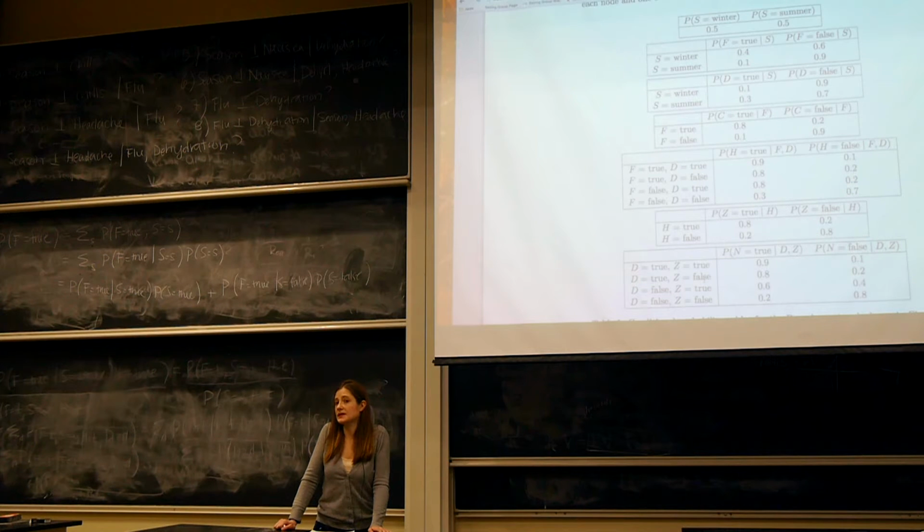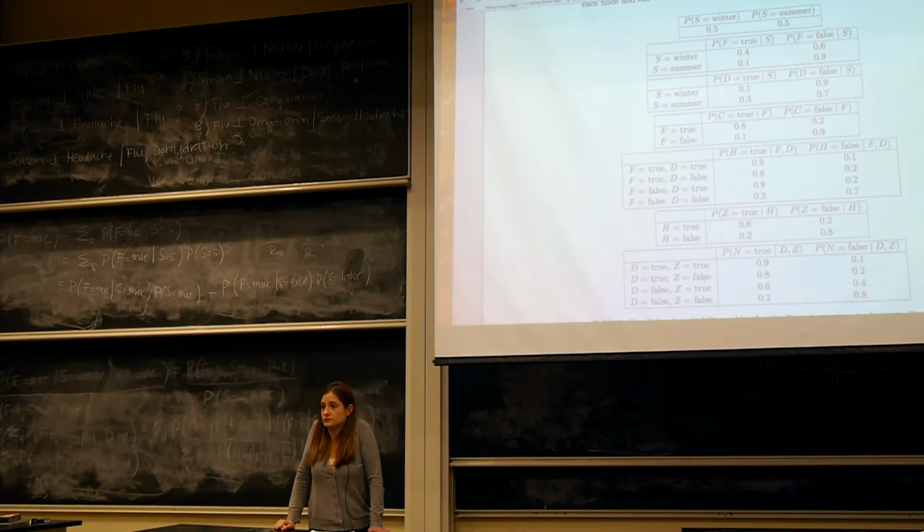Keep in mind, if we think of winter as true and summer as false, then it's like the parameter of a Bernoulli distribution, right? Let's assume everything is observed, we have no missing data. Right, so you just look at the number of samples where season equals winter, and then divide by the total number of data points. That would be your Bernoulli maximum likelihood estimate.